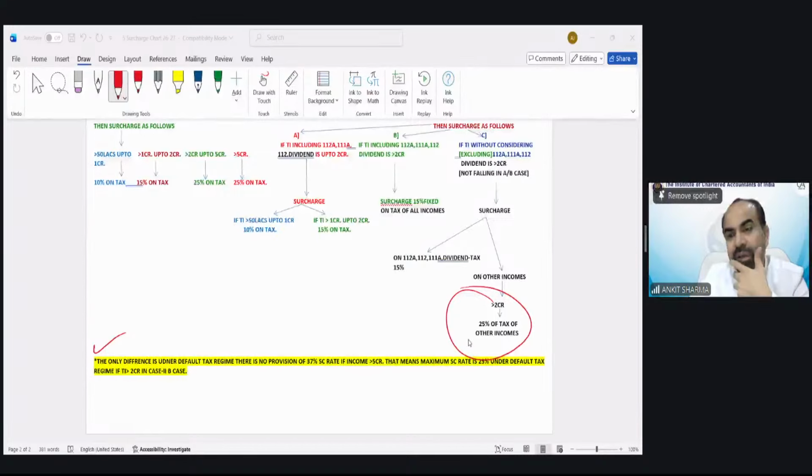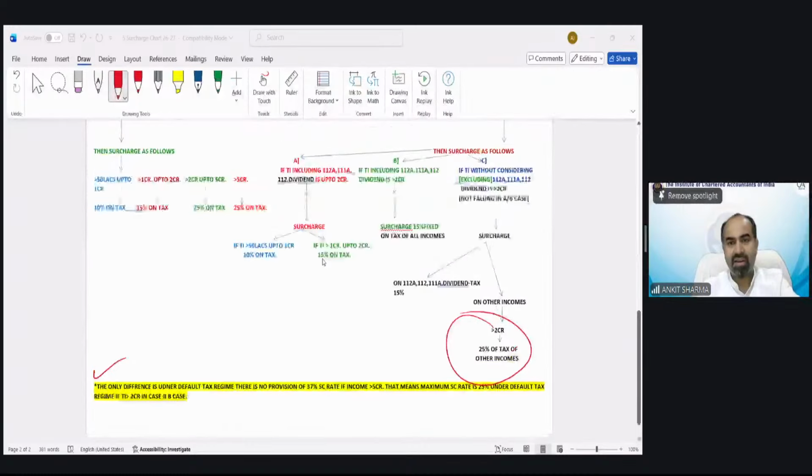If other income is 30 lakh and special income is 40 lakh, then which of these surcharge provisions would be applicable? Case A, after including your income, is up to 2 crore. Look, in the question, as soon as special income has been given, that means these provisions are going to be applicable.